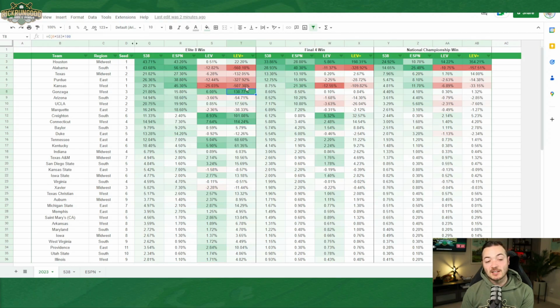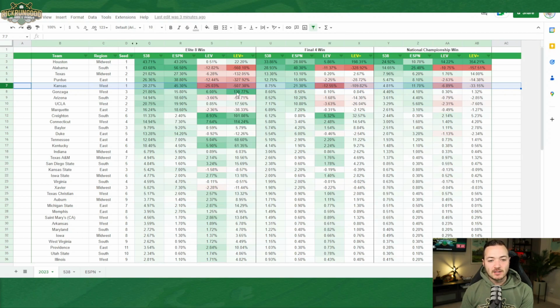UCLA. Oh, Kansas. Okay, so that's kind of interesting. We can kill two birds with one stone here, because Kansas is being woefully over-selected.